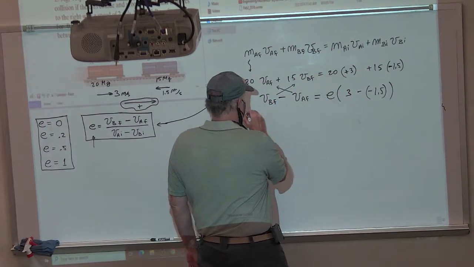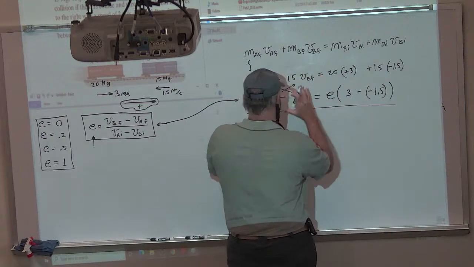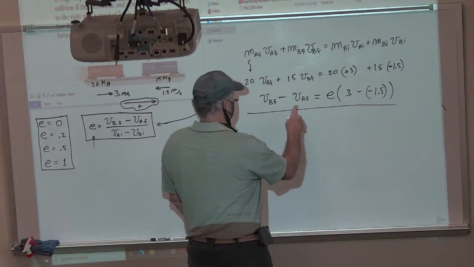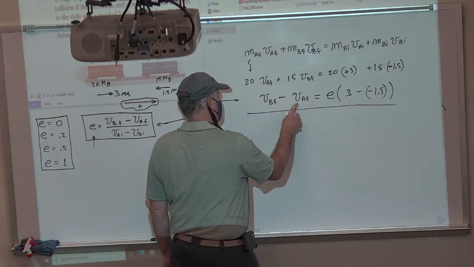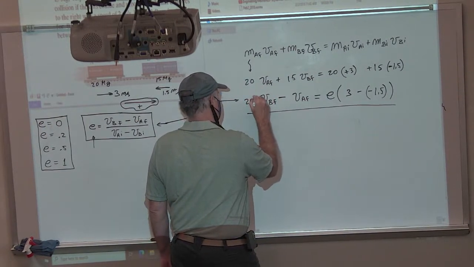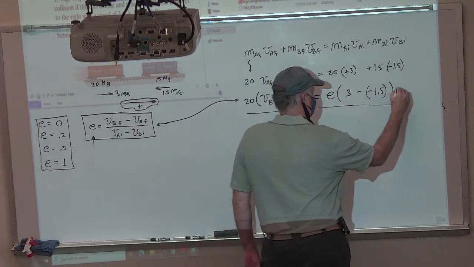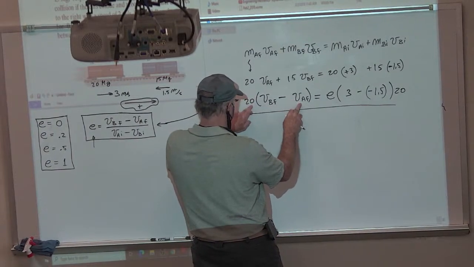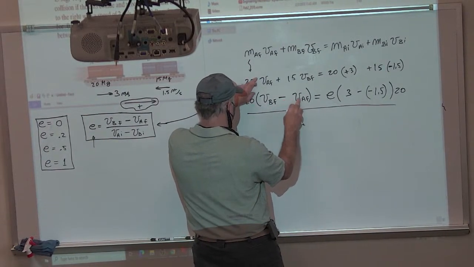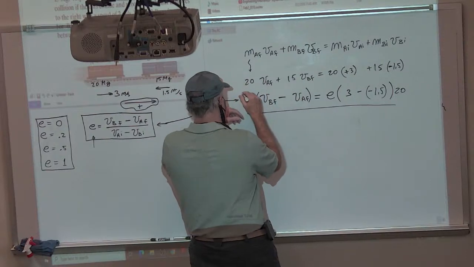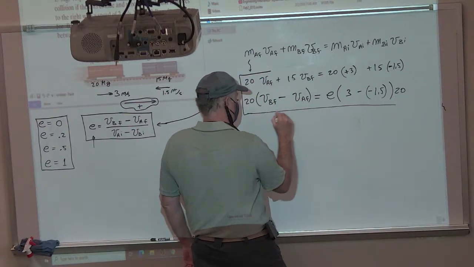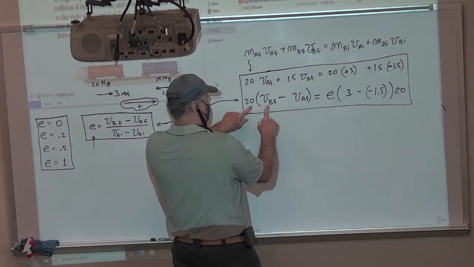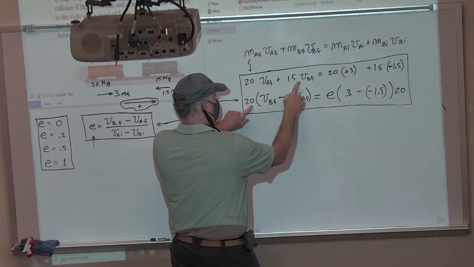So if I want to remove things out of here, one of the things I could do is multiply this times 20, and this side times 20, then I get this times 20 minus that. These terms cancel. I'm simply adding these two equations, and I'm going to put a third one below it. So I get 20 and then 15.